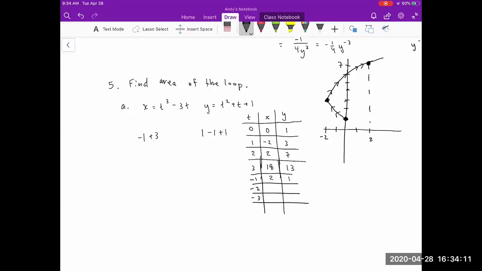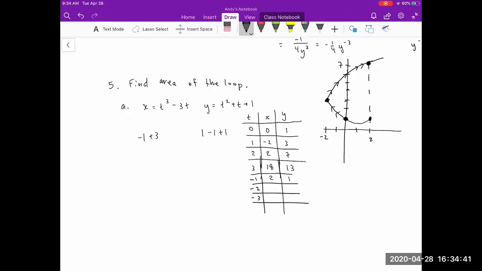So 2, 1 looks to be over here. Let me just make sure this is correct. It looks a little funny, but that's fine. It seems like it has the same y value here, so it probably curves in between. So hopefully the loop occurs maybe here.